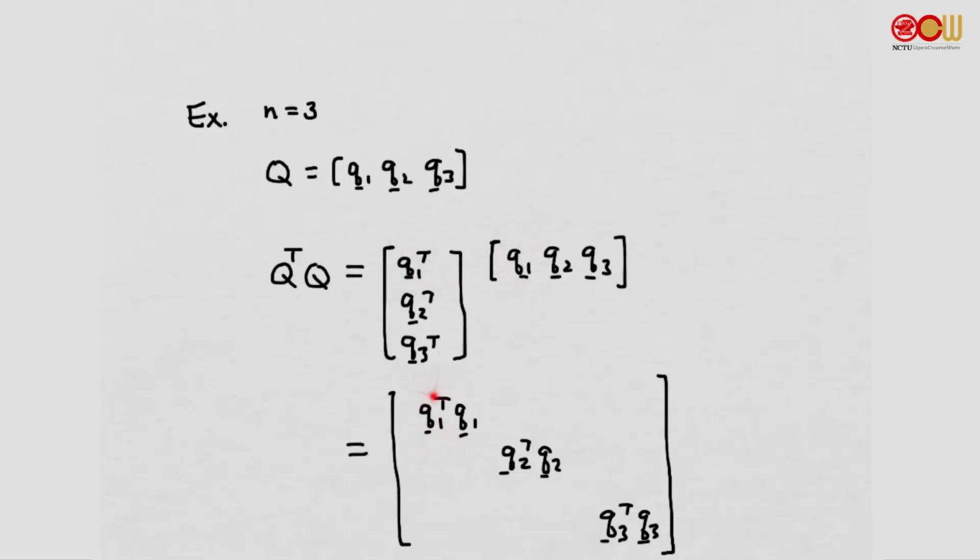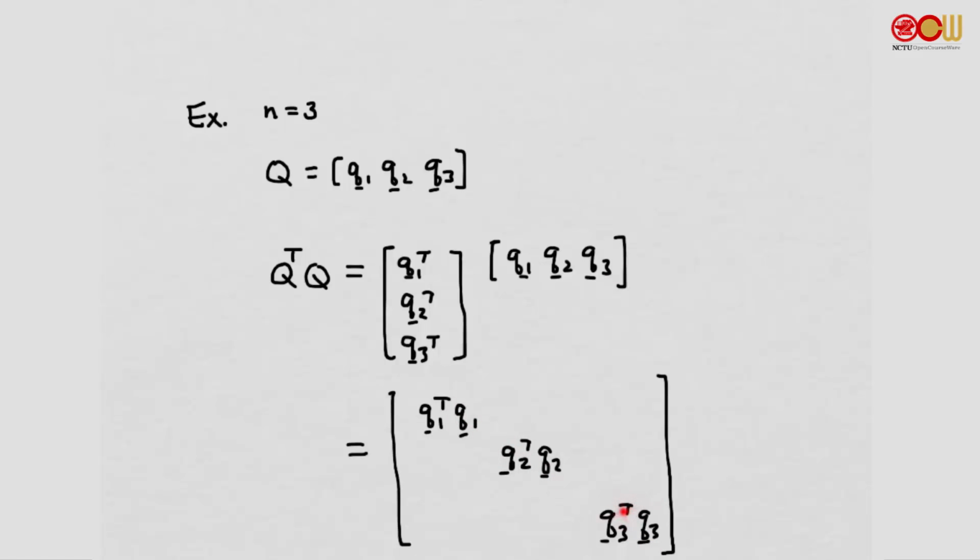Q1 transpose is a row vector and Q1 is a column vector, so Q1 transpose Q1 is a scalar. And for the (2,2) and (3,3) entries, it's Q2 transpose Q2 and Q3 transpose Q3, so we see them on the diagonal.